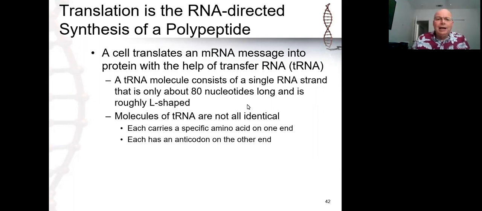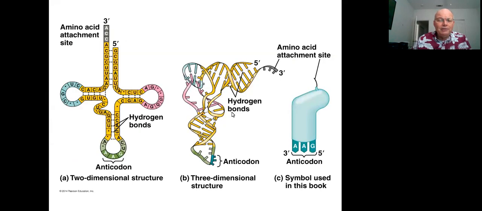So let's take a look at the artist's rendition so that I can show you how it does that. The text tells you here, but it's a little bit easier to show you on the basis of the diagram. So here is a two-dimensional diagram, and it shows what the tRNA molecules look like post-translation, because they are the product of translation.